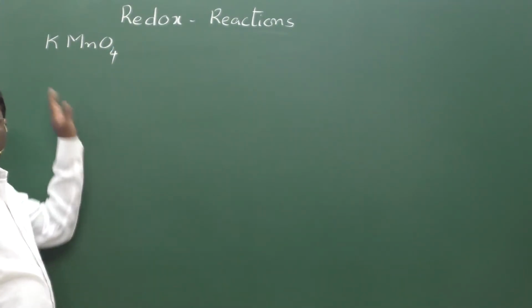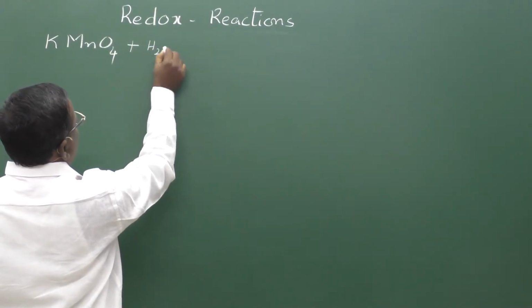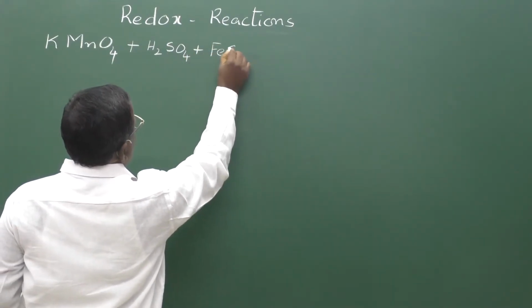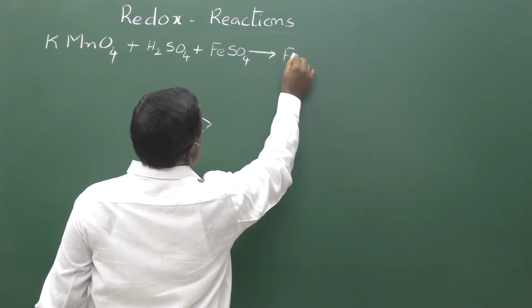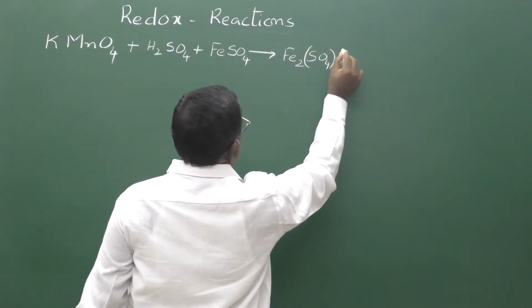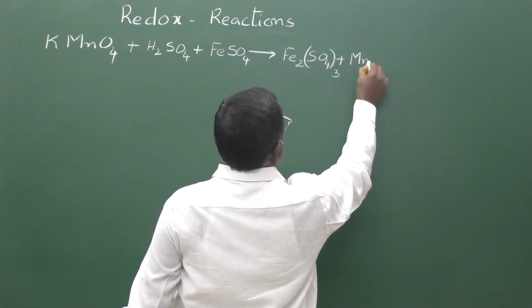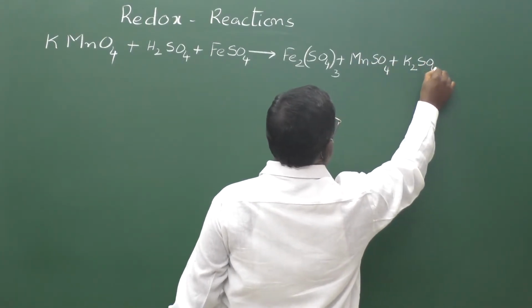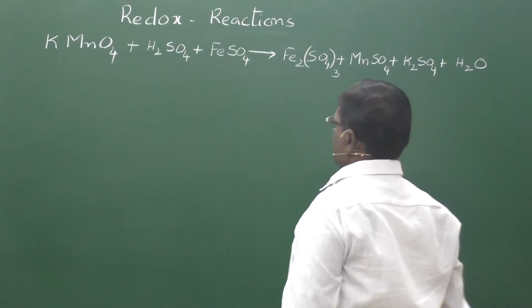In presence of acid, let it be sulfuric acid H2SO4, it reacts with ferrous sulfate FeSO4 and converts it into ferric sulfate Fe2(SO4)3 plus MnSO4 plus K2SO4 plus H2O. This is the chemical reaction.